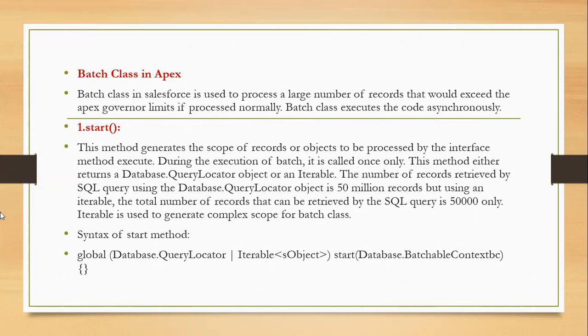The number of records retrieved by the SOQL query using the Database.QueryLocator object can be up to 50 million records, but using an Iterable, the total number of records that can be retrieved by the SOQL query is 50,000 only. Iterable is used to generate a complex scope for the batch task. Syntax of the start method: global Database.QueryLocator start(Database.BatchableContext BC).